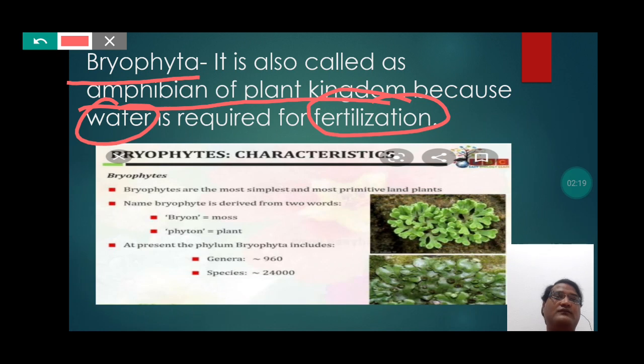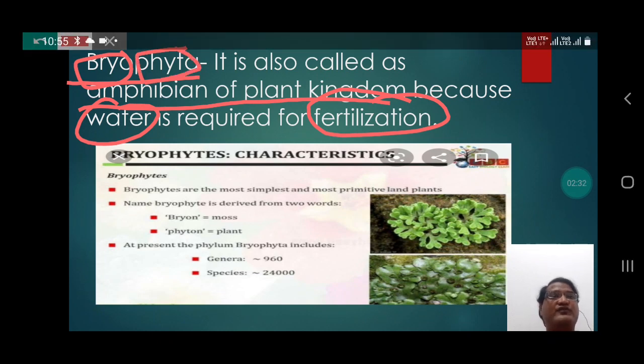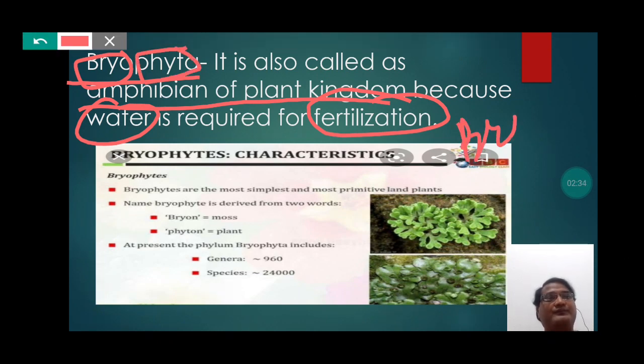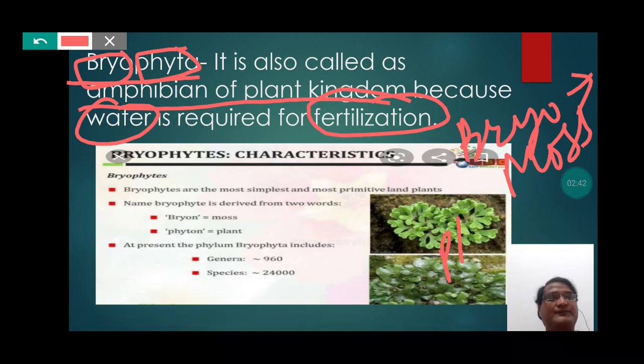Students, Bryophyta comprises two words, bryo and phyta. So students, bryo represents moss and phyta represents plant.